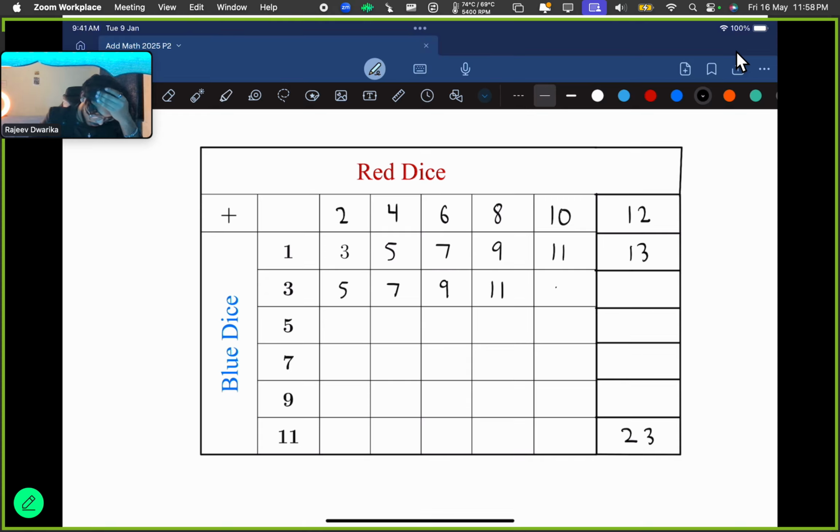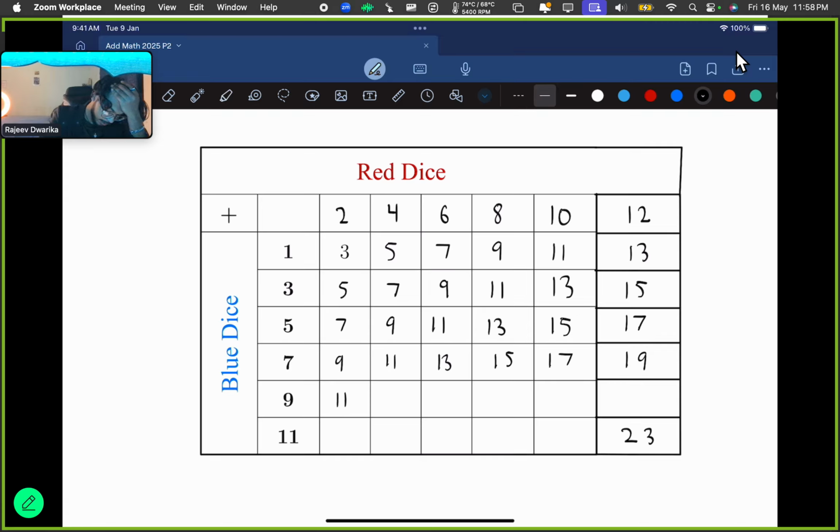So this could be 13. This is going to be 15. 7, 9, 11, 13, 15, 17. 9, 11, 13, 15, 17, 19.